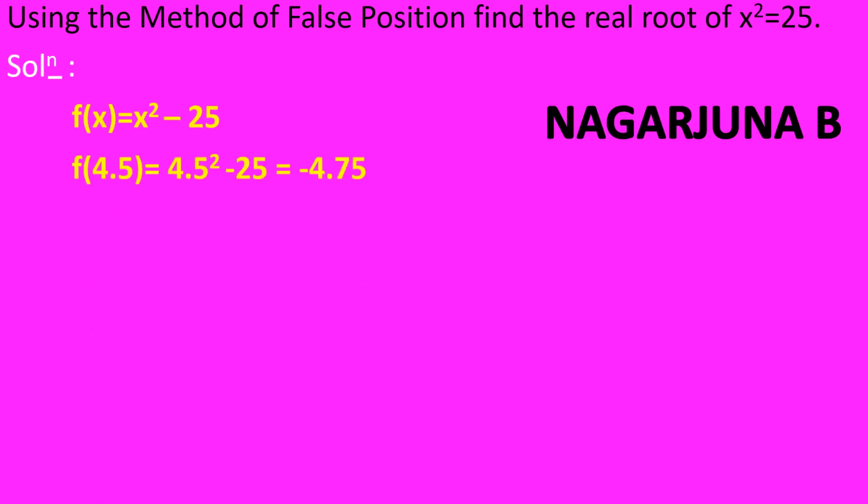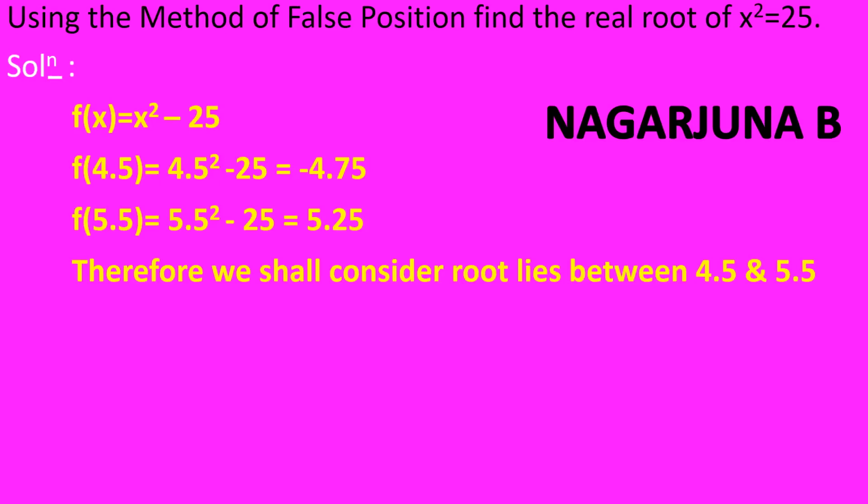So first, f of 4.5 is equal to 4.5 square minus 25 is equal to minus 4.75, and this one we get when we substitute 4.5 in the f of x equation, and here you can observe you have got a negative value. And similarly f of 5.5, this one we get when we substitute 5.5 in the f of x equation, that is 5.5 square minus 25 is equal to 5.25, and you can observe here it is a positive. Therefore, we shall consider the root lies between 4.5 and 5.5.